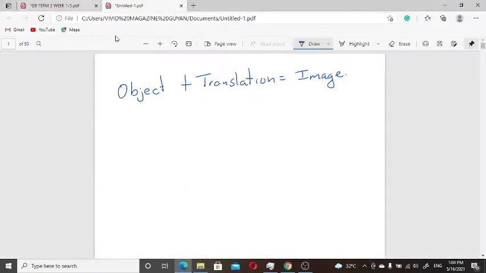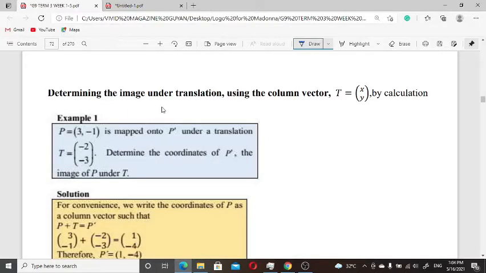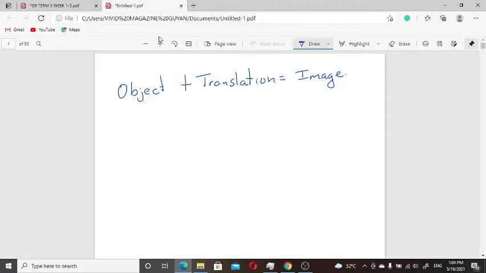So let's look at the very first question that we have here. It says that P is (3, -1), and the translation is (-2, -3). So P is what we're given. P is equal to (3, -1), and our translation is equal to, so I'm going to write it like this, (-2, -3).